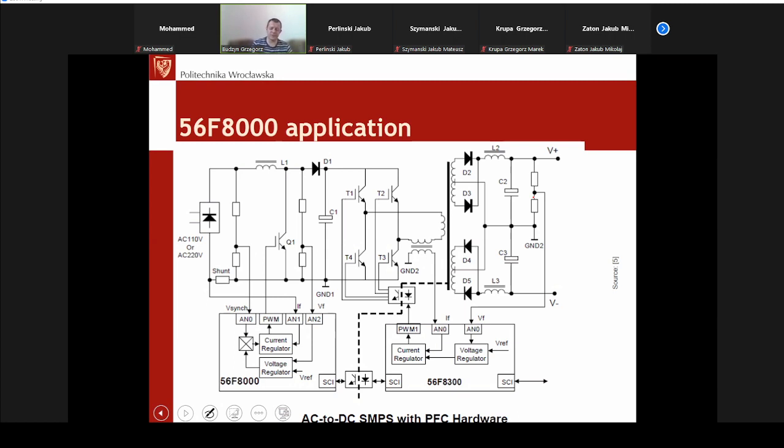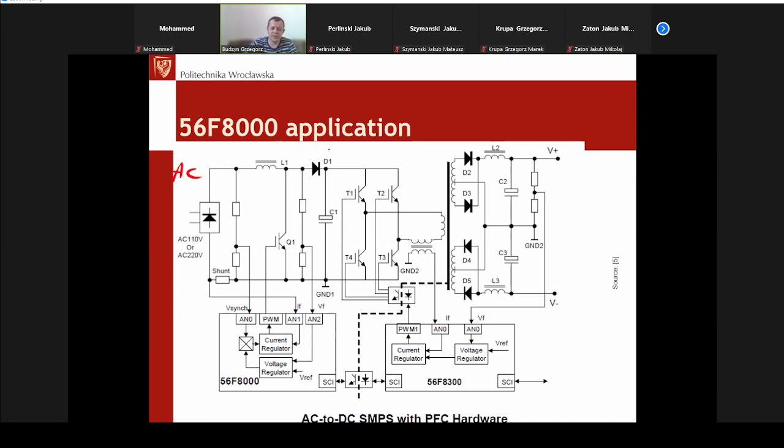We're talking about the use case of, for example, an SMPS, a switching DC-DC converter, and where is the space for DSCs in such an SMPS? Here we can see a simple schematic showing the AC input.